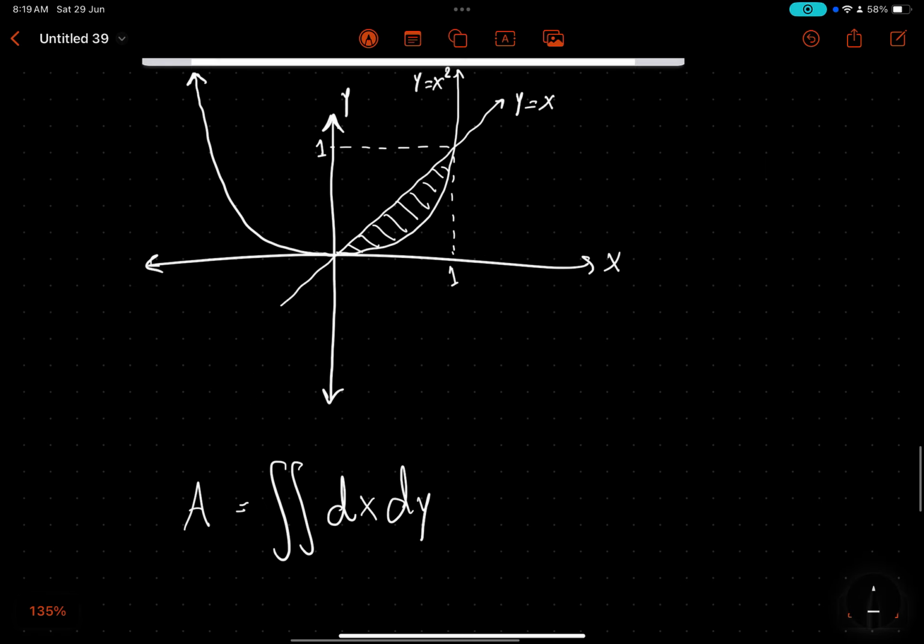So first for x, what are the boundaries for x? If we want to do it for x, then we're gonna use the vertical rectangles, and the vertical rectangles basically we're gonna be doing y equals x, y equals x squared, then we're gonna do for y from 0 to 1.